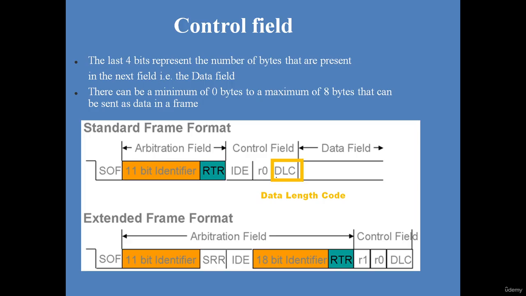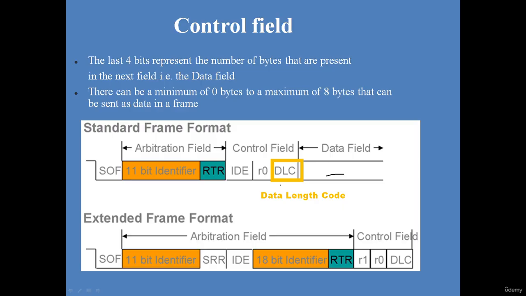Now this DLC field consists of 4 bits and it represents the number of bytes that are present in the next field, that is the data field. So this tells you the length of the data which is being sent on the bus. There can be a minimum of 0 bytes to a maximum of 8 bytes that can be sent as data in a CAN frame.